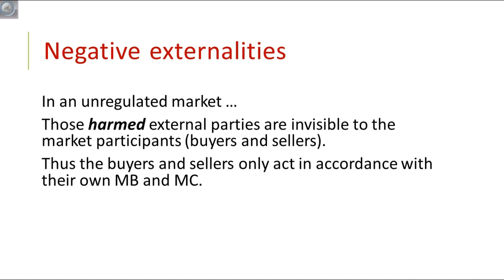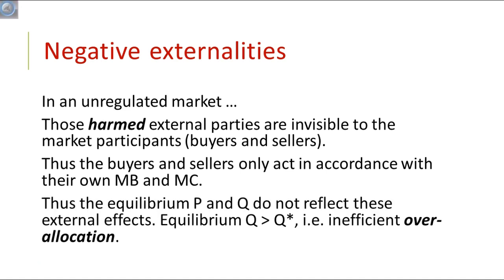They ignore the external effects they're having on others, either because they're unaware of them or because they frankly just don't care about it. Thus, we can say that the equilibrium price and quantity that are expressed in the unregulated market don't reflect these external effects. They don't take them into account.